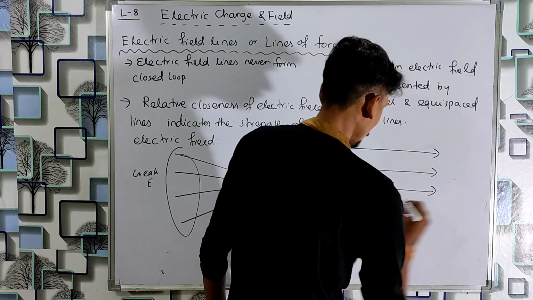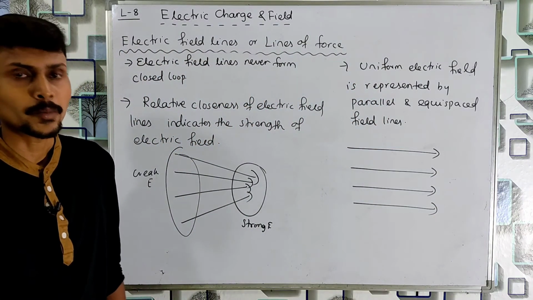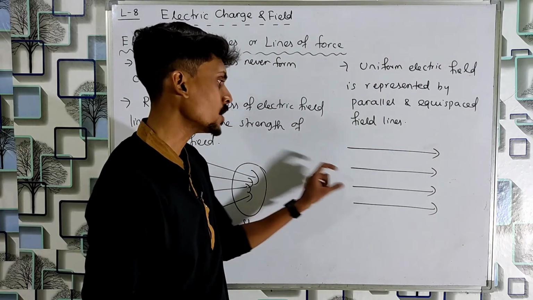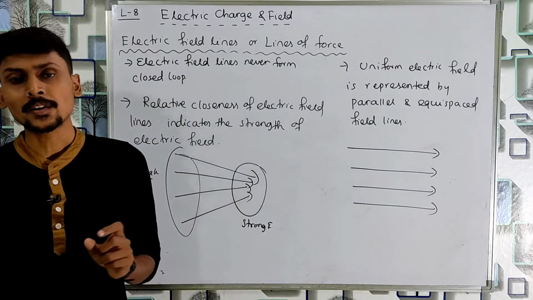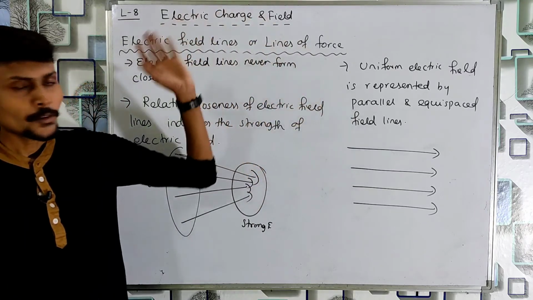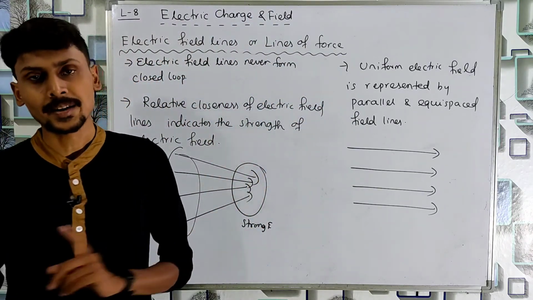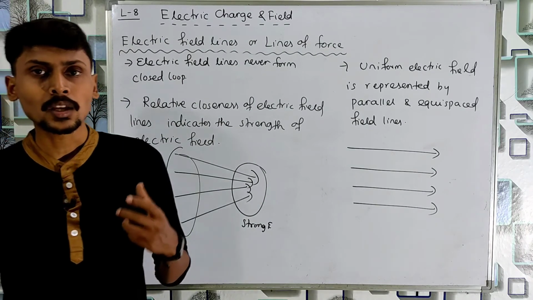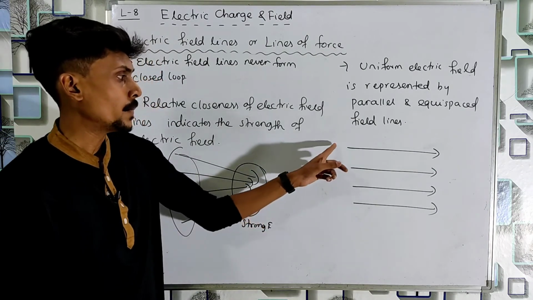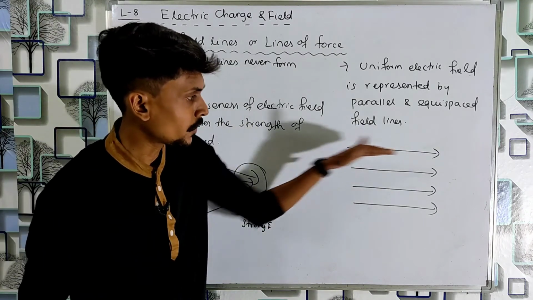Parallel means the direction is the same at every point, and equispaced means the magnitude of electric field is the same at every point. Again I am repeating: if you have a uniform electric field in a region, you represent it by drawing parallel and equispaced electric field lines.